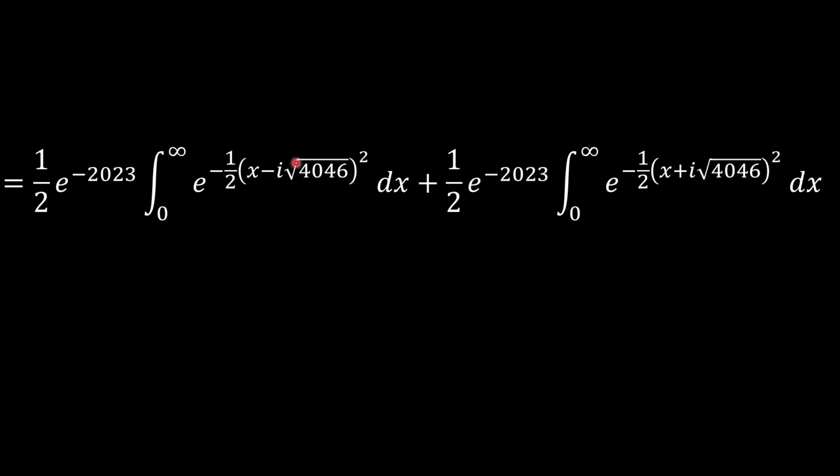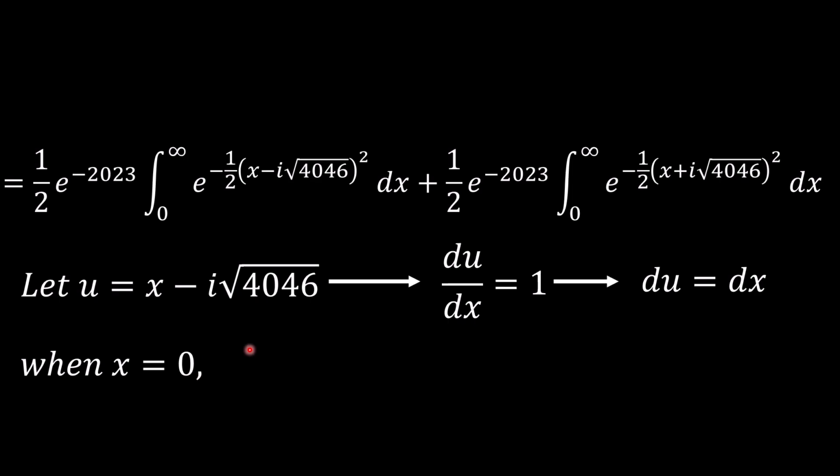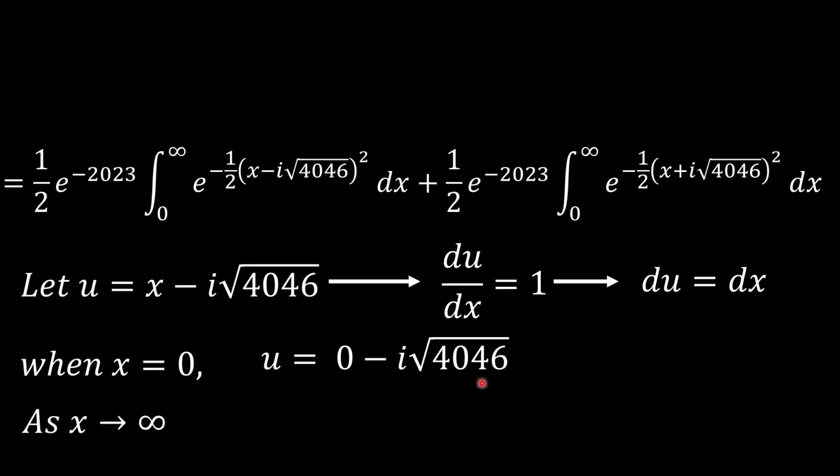I would use this first integral as an example, where we let u be equal to x minus i times the square root of 4046, such that du dx is the same as 1, and so du can be used to substitute for dx. When x equals 0, u is equal to 0 minus i times the square root of 4046, and as x tends to infinity, u tends to infinity minus i times the square root of 4046.